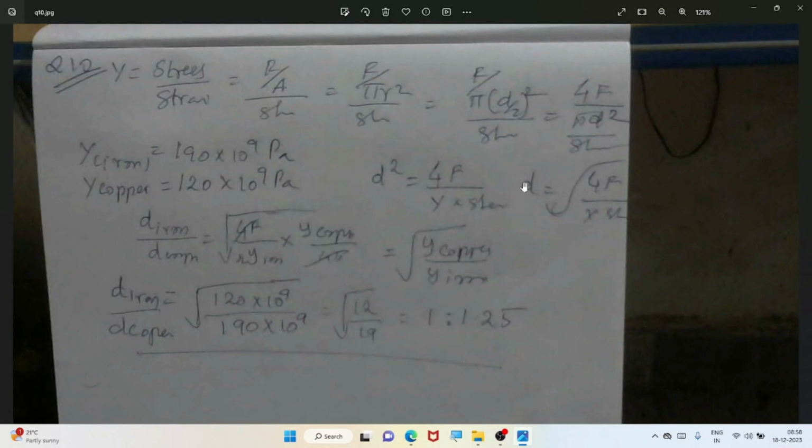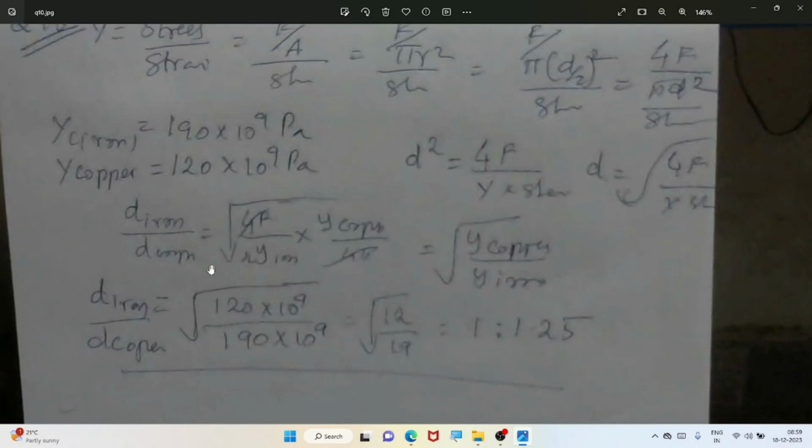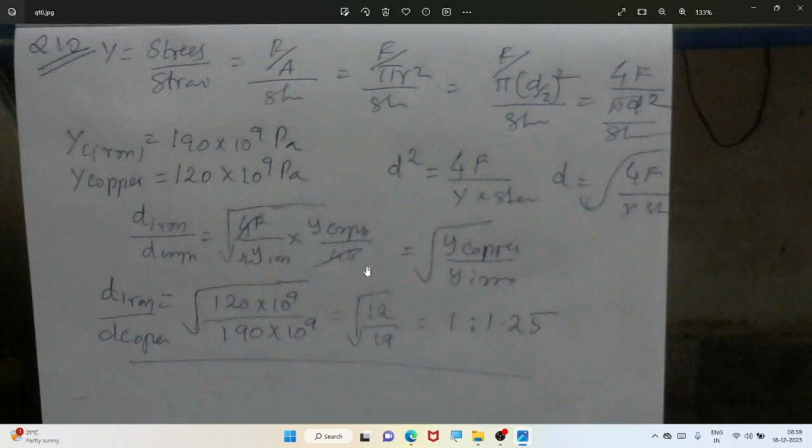This is the diameter: d by 2 whole square, pi r square, then 4 will come, d square by 4, the 4 goes up, then d square will be down. So d equal to square root of 4 by strain will come. They are asking the ratio iron to copper, then this force will cancel out, then the Young's modulus of copper by iron. So this is 1 is to 1.25.